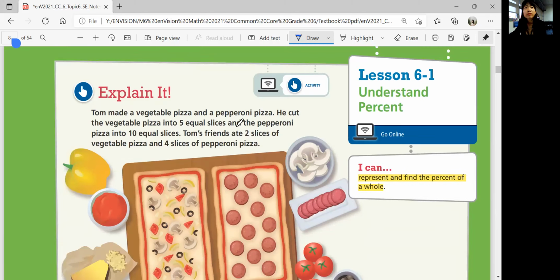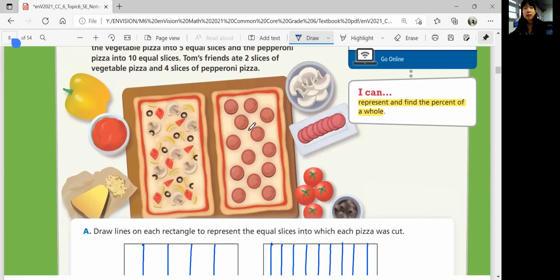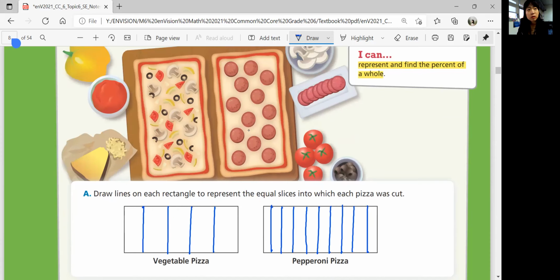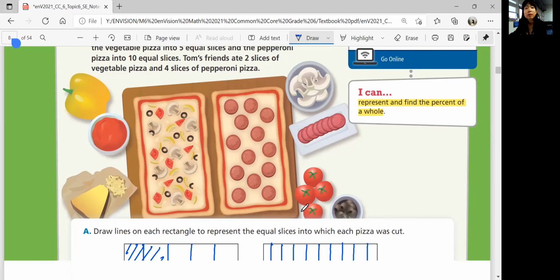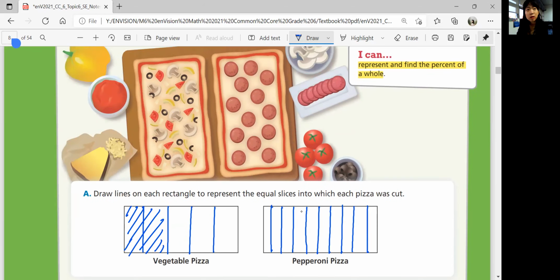And then Tom's friends ate 2 slices of veggie pizza and 4 slices of pepperoni. So 2 slices of veggie, which are bigger than a slice of pepperoni pizza, right? And 4 slices of pepperoni pizza. So 1, 2, 3, and 4.